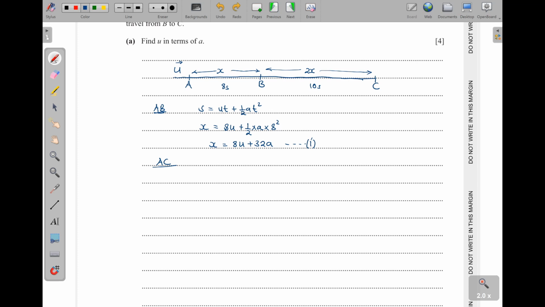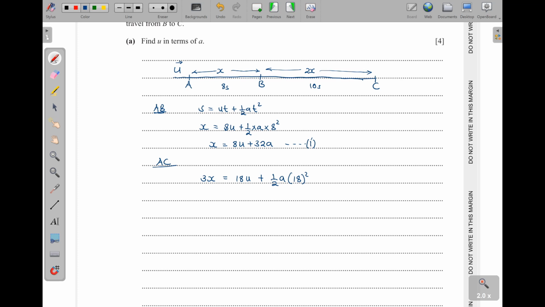So the distance is x plus the 2x, which gives us 3x, which is equal to u, because we are starting from A. And then the time taken is 8 plus the 10, so that means we shall have 18 here. Okay, 18u plus a half a, t is 18 squared.